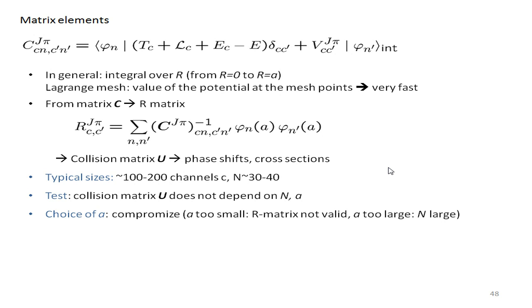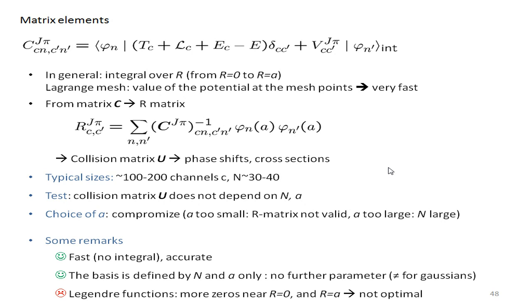And again, you have to choose a as a compromise. So here it's a fast calculation, and there is no integral to determine the wave functions. A good advantage of that is that you determine the basis by the channel radius and the number of functions. So there is no further parameter.